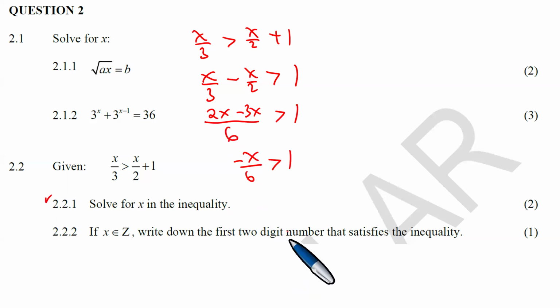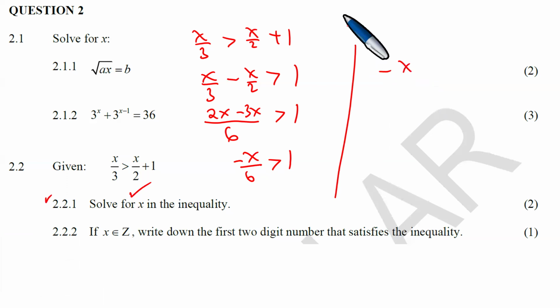But there's something we still can do. Remember, we need to solve for x. So we need to remove this 6.